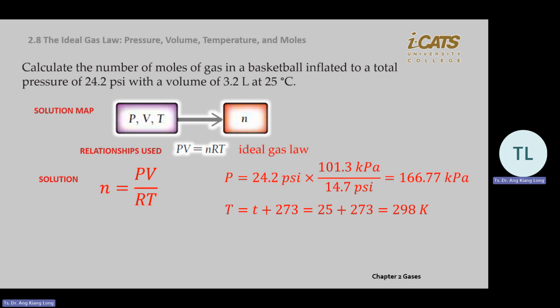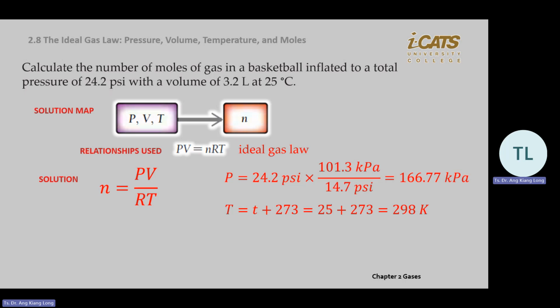You substitute. Just one thing to remember. This is a sample of when we give you the Celsius. You need to convert temperature into Kelvin. You need to show your conversion: T equal to small t plus 273. In exam or test, you need to show me these steps. Capital T equal to t plus 273, then substitute the temperature, convert into Kelvin.